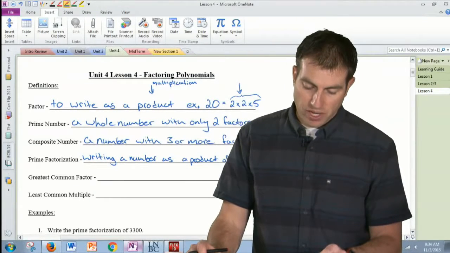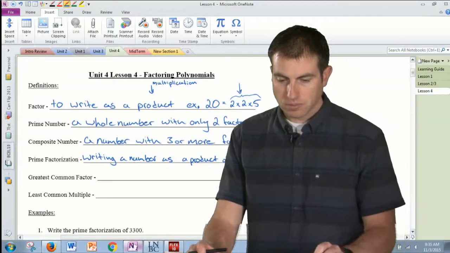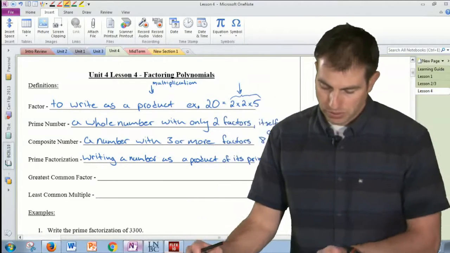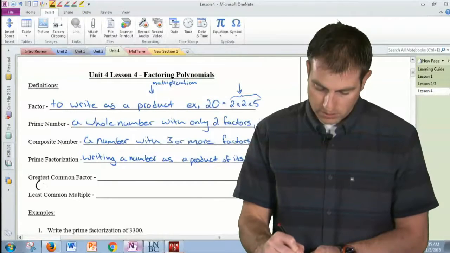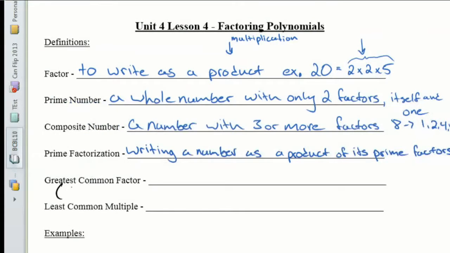The greatest common factor and least common multiple are two other terms. And below these, you might just want to put this in brackets. A lot of times, greatest common factor you'll see as GCF, and then there'll be two numbers separated by a bracket.